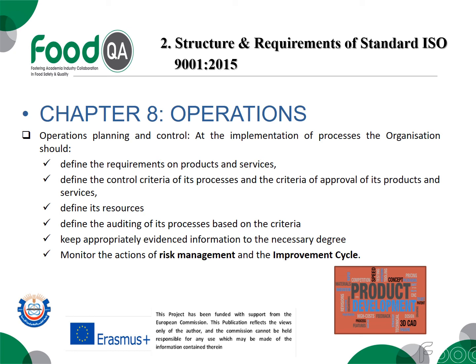In the implementation of the processes, the organization should define the requirements on products and services, define the control criteria of its processes and the criteria of approval of its products and services, define its resources, define the auditing of its processes based on the criteria, keep appropriately evidenced information to the necessary degree, and monitor the actions of risk management and the improvement cycle.